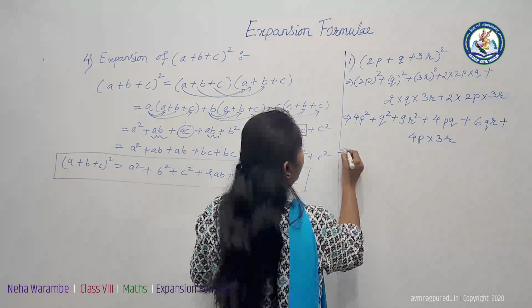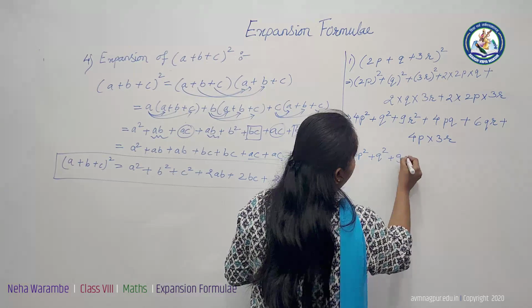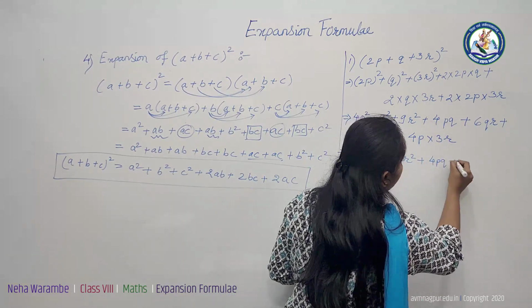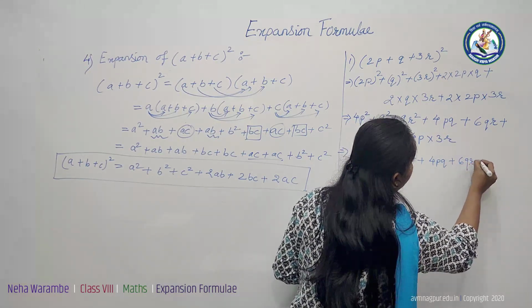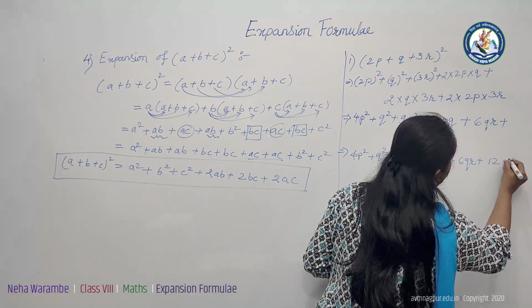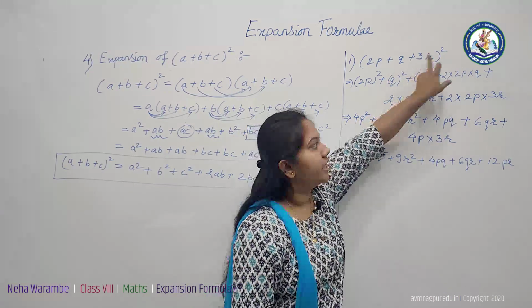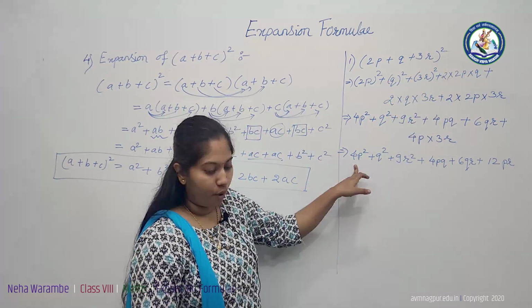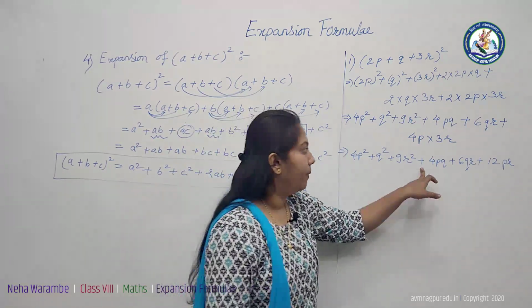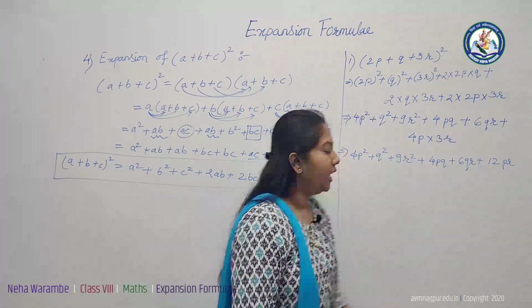That means 4p square plus q square plus 9r square plus 4pq plus 6qr plus 12pr. Therefore, the expansion of 2p plus q plus 3r whole square is equal to 4p square plus q square plus 9r square plus 4pq plus 6qr plus 12pr.